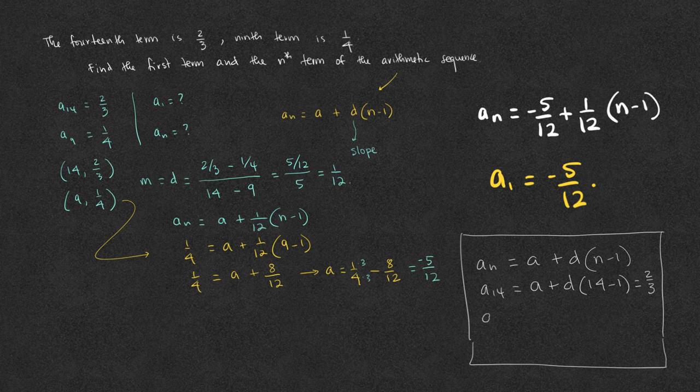The 9th term, when n equals 9, we have a plus d times 9 minus 1. The output is 1/4. This will give us the system of equations: a plus 13d equals 2/3, and the second equation is a plus 8d equals 1/4.